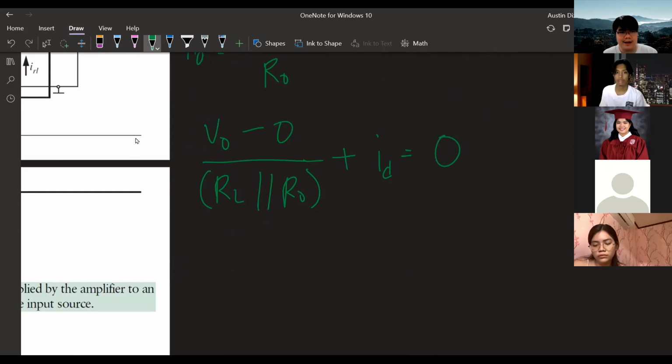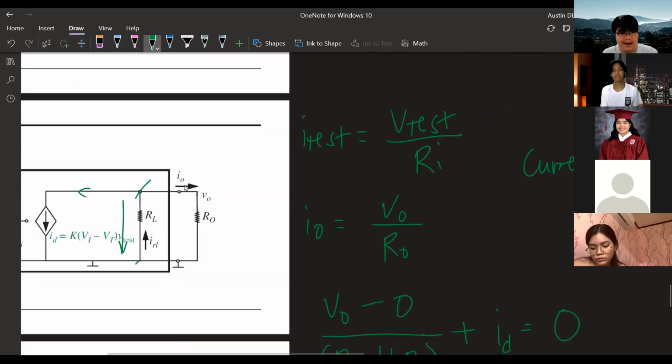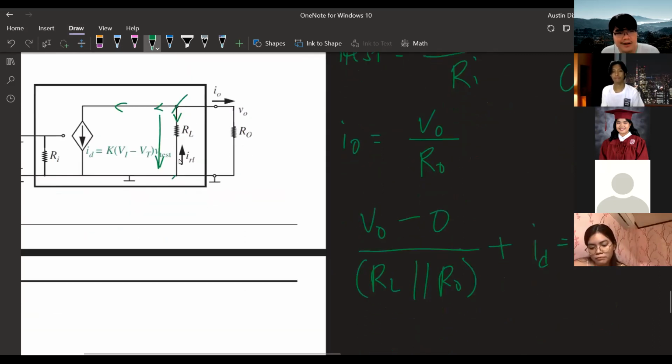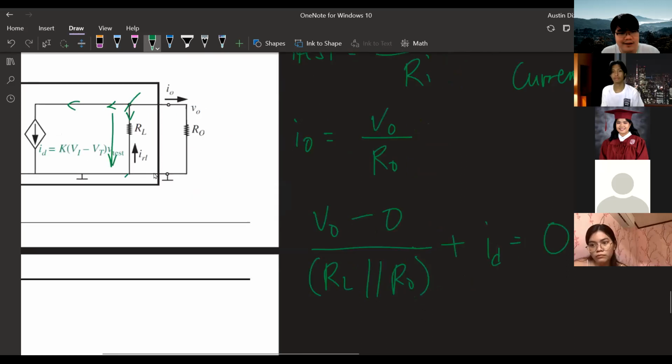ID equals 0. Okay, KCL lang ako. Bakit ganun? Kasi lahat ay outward. So, nag-assume ako ng current directions sa ganyan. Okay, weird na convention, but it works.